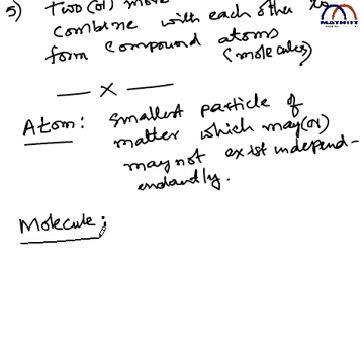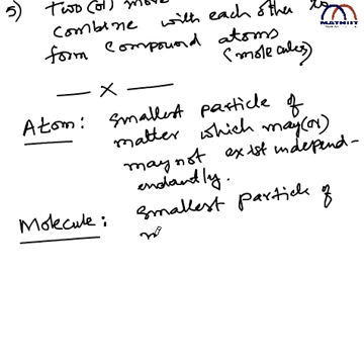The word molecule was first introduced by Avogadro. According to Avogadro, this is the basic difference between atom and molecule. Then what is a molecule? A molecule is also the smallest particle of matter, but the difference is that it can exist independently.